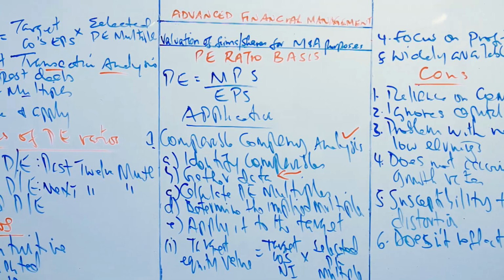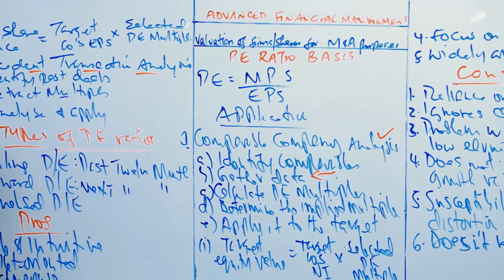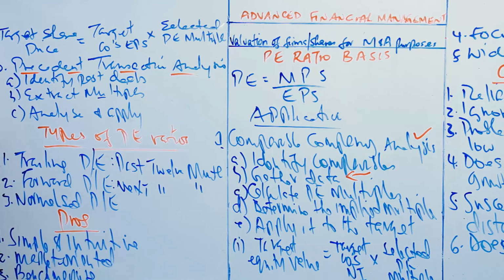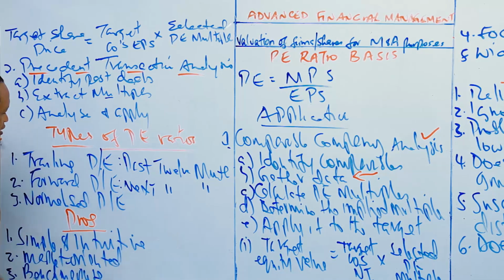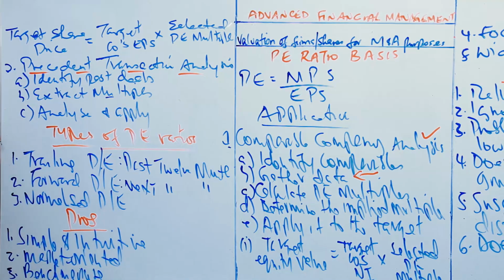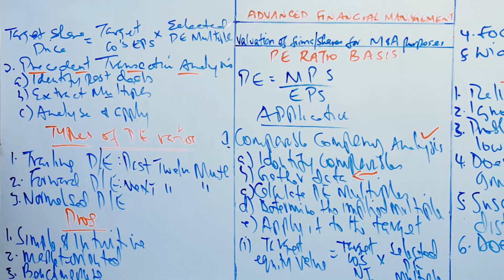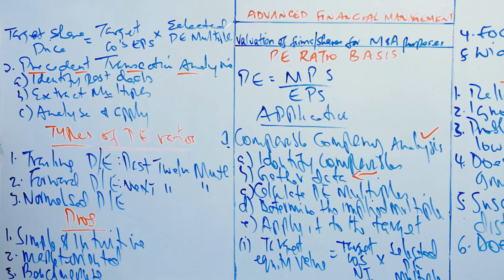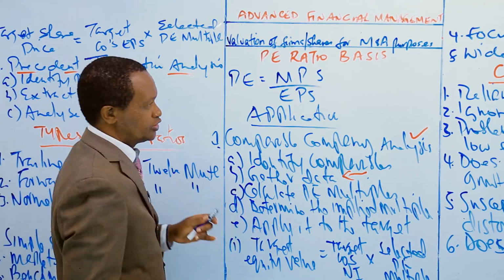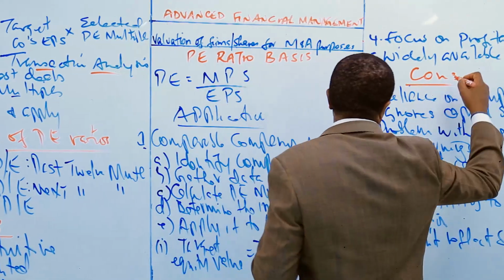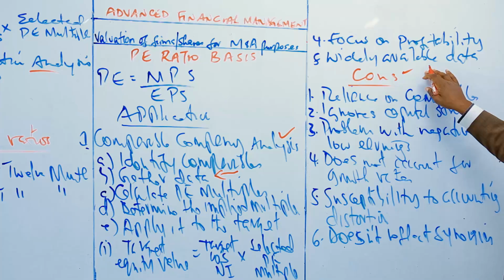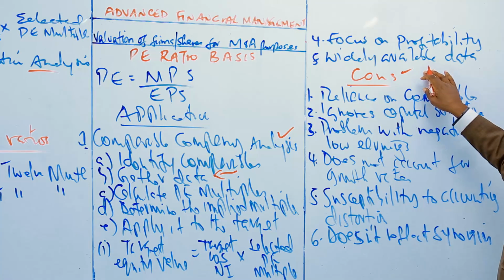Then we've identified types of PE ratios: the trailing PE ratio, which captures the past 12 months, the forward PE ratio, the next 12 months, and the normalized PE ratio. Then we've gone ahead to summarize the advantages and limitations of the PE ratio as a basis for valuation of firms for merger and acquisition purposes.